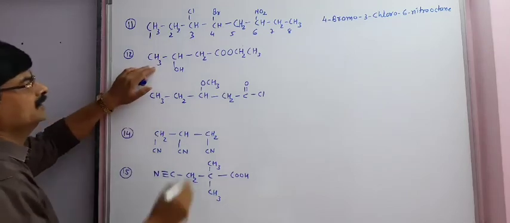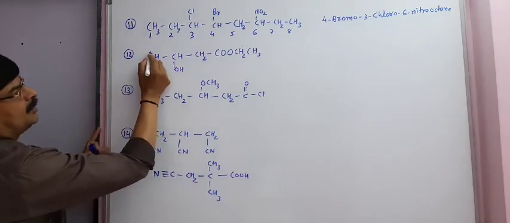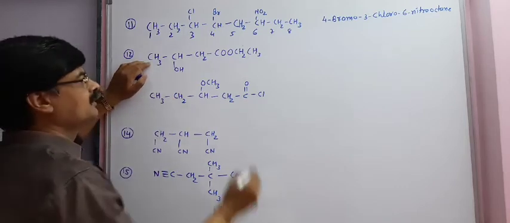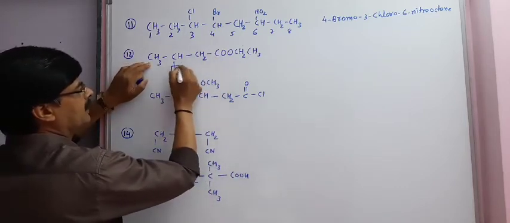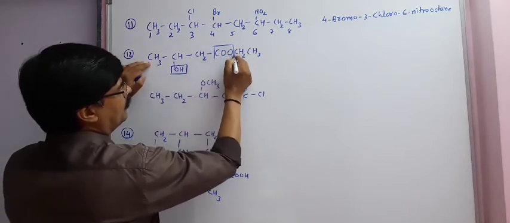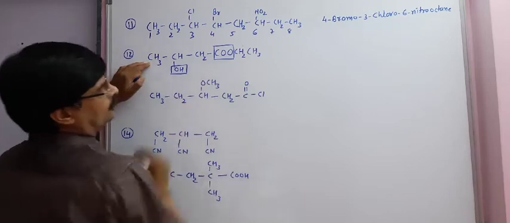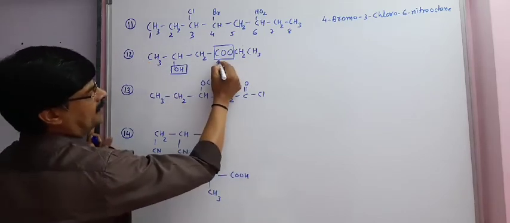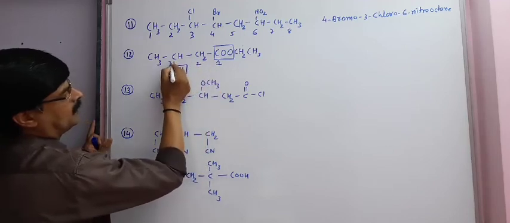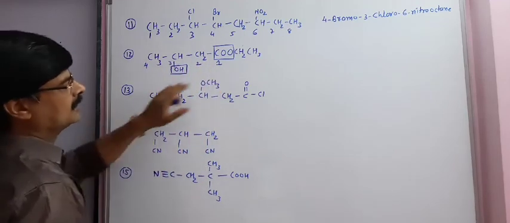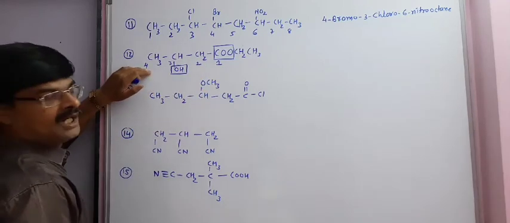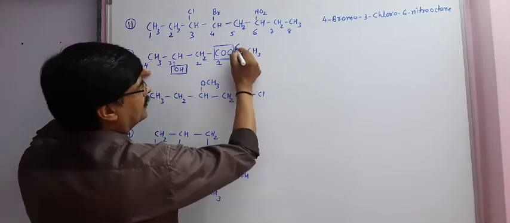Now for the next one, first of all we will decide the longest chain possible for carbon atoms. But remember, here we have the functional group OH and here we have the functional group C double bond O. Starting from here, carbon number 1, carbon number 2, carbon number 3 and carbon number 4. The longest possible chain is only of 4 carbon.